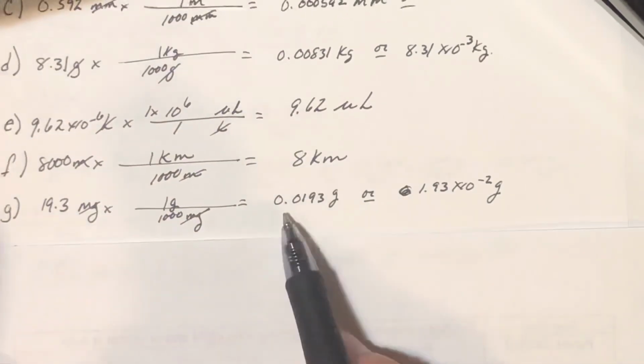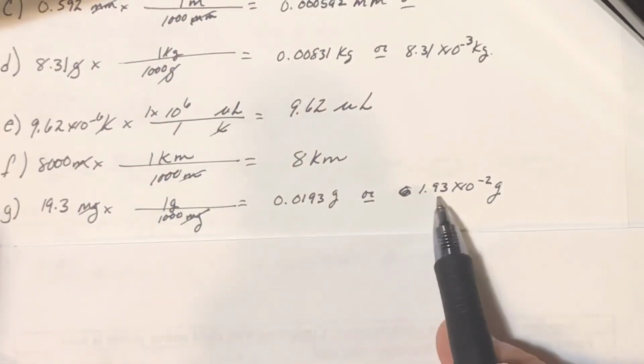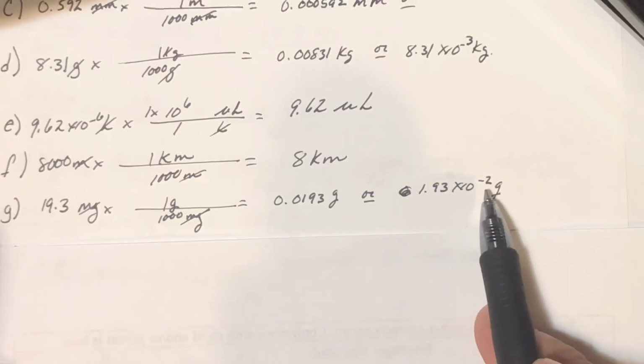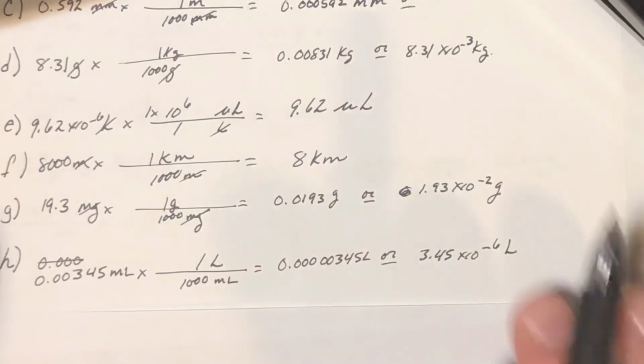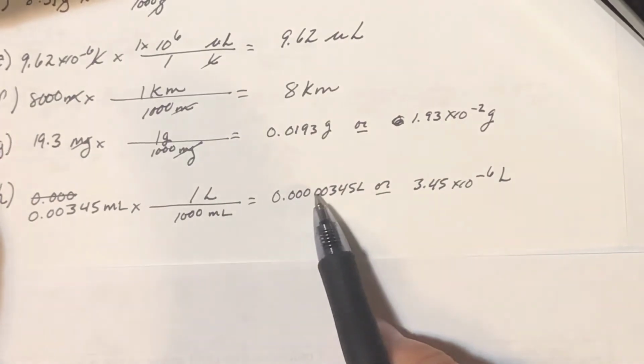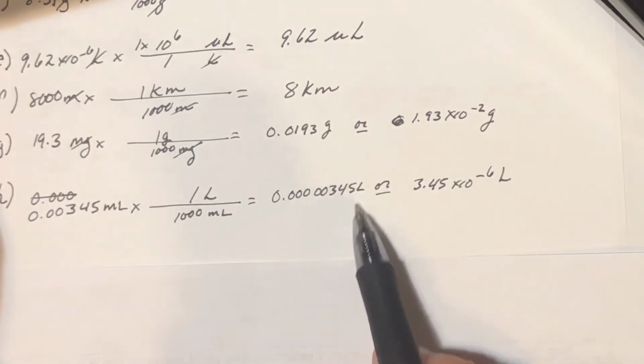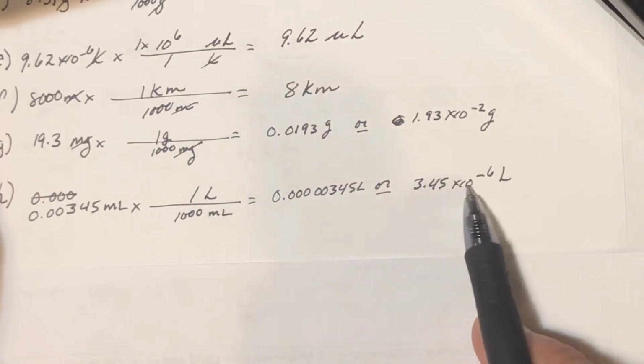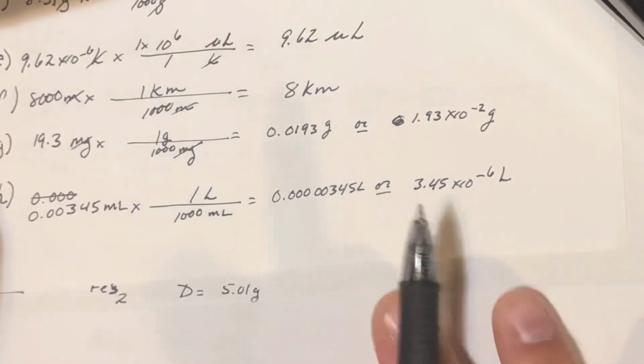G is 0.0193 grams, or 1.93 times 10 to the negative 2 grams. Let me see. So 0.0000345 liters, or 3.45 times 10 to the negative 6 liters.